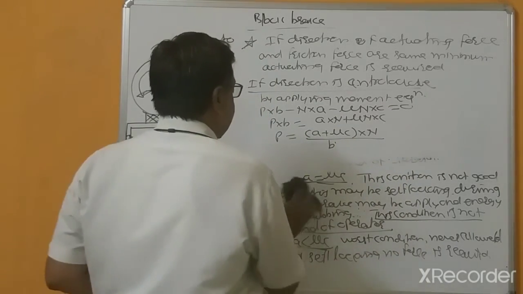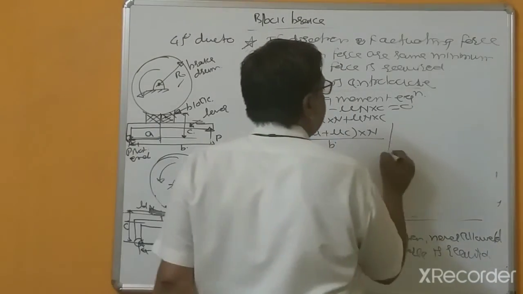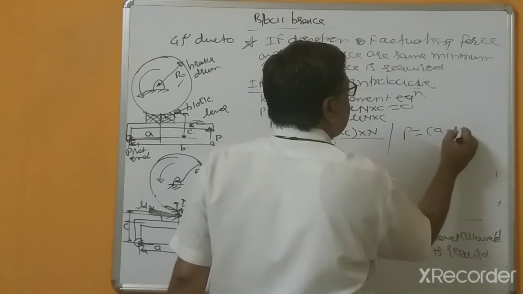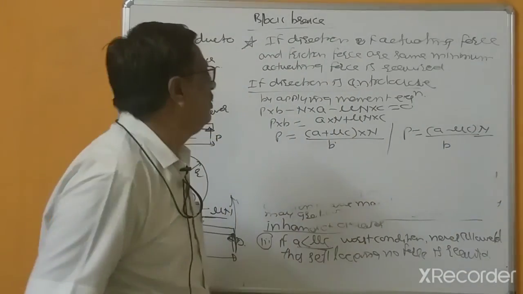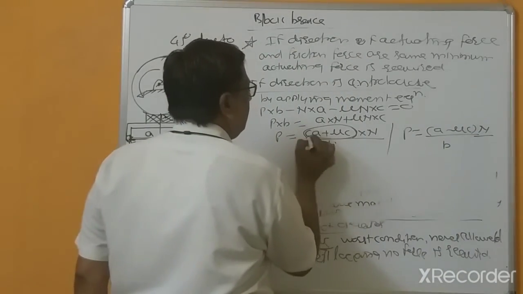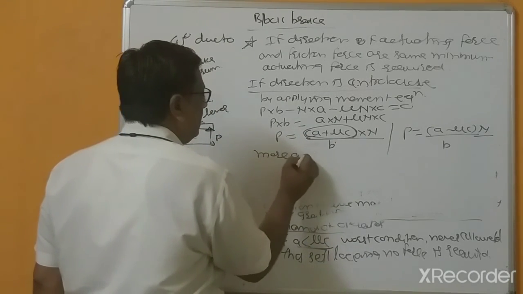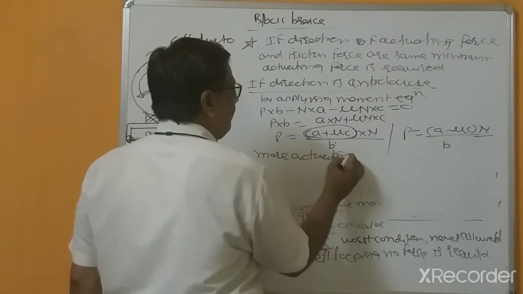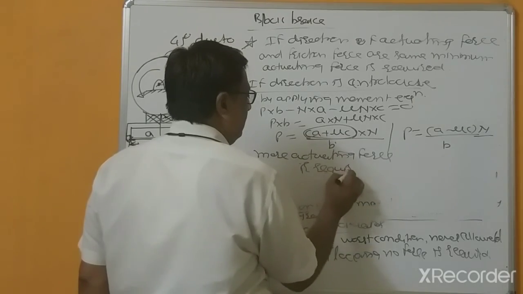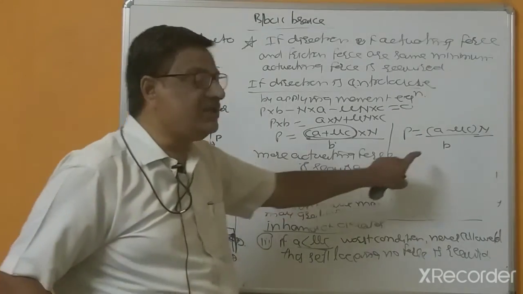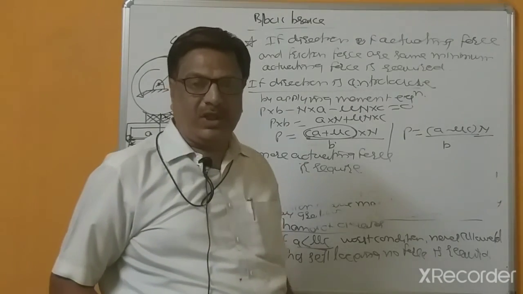So in the previous arrangement, P equals A minus mu C divided by B, multiplied by N. Now this is increased. This is increased means more actuating force is required. So that's why this condition is more suitable, because minimum actuating force is required to apply.